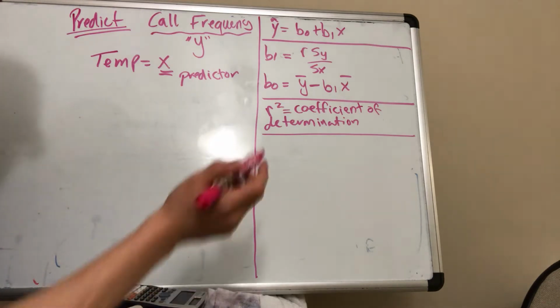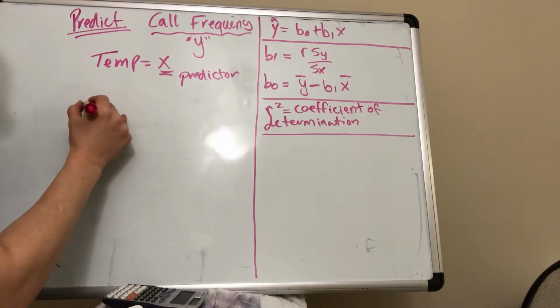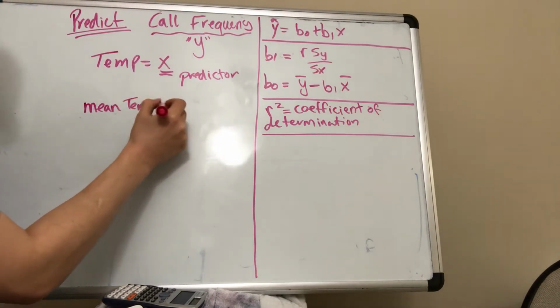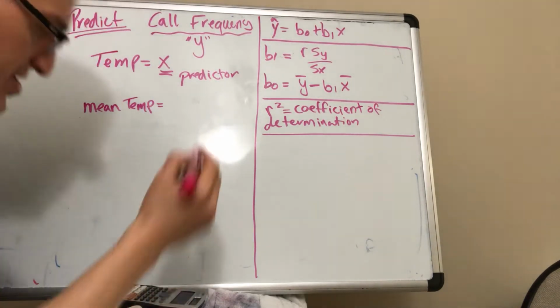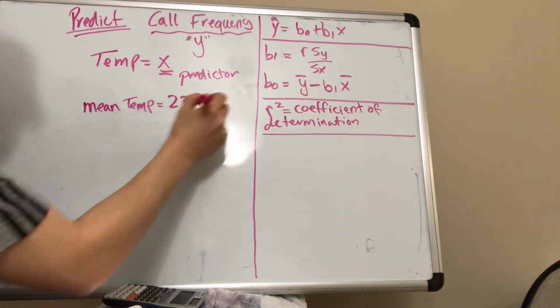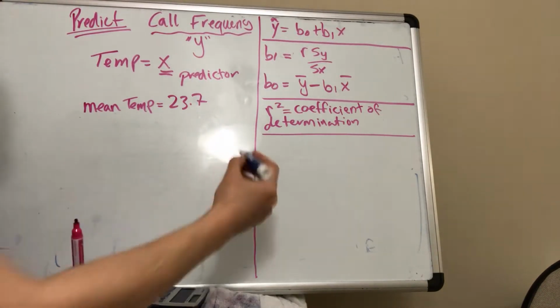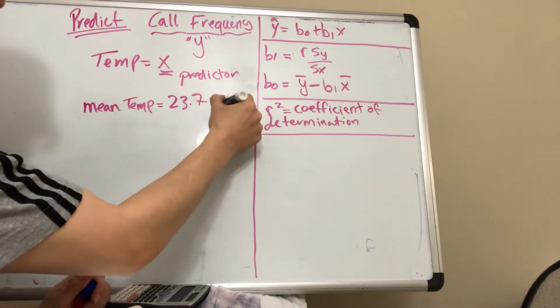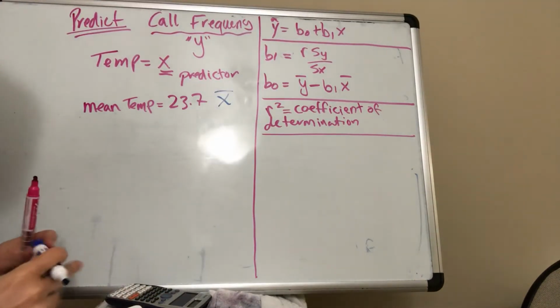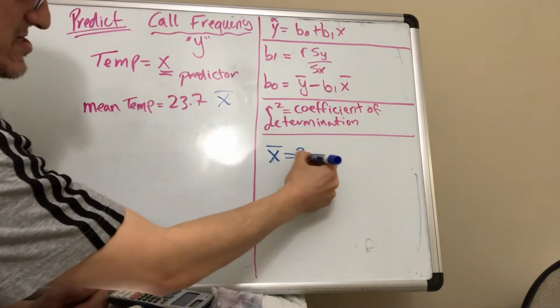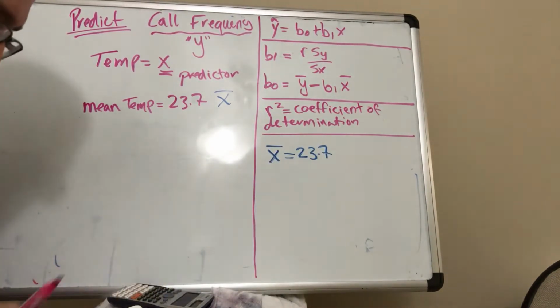They also give you information. So they tell you your mean temperature equals 23.7. But since you determined that temperature is x, in the exam, put next to it x bar. So now I know x bar is 23.7.